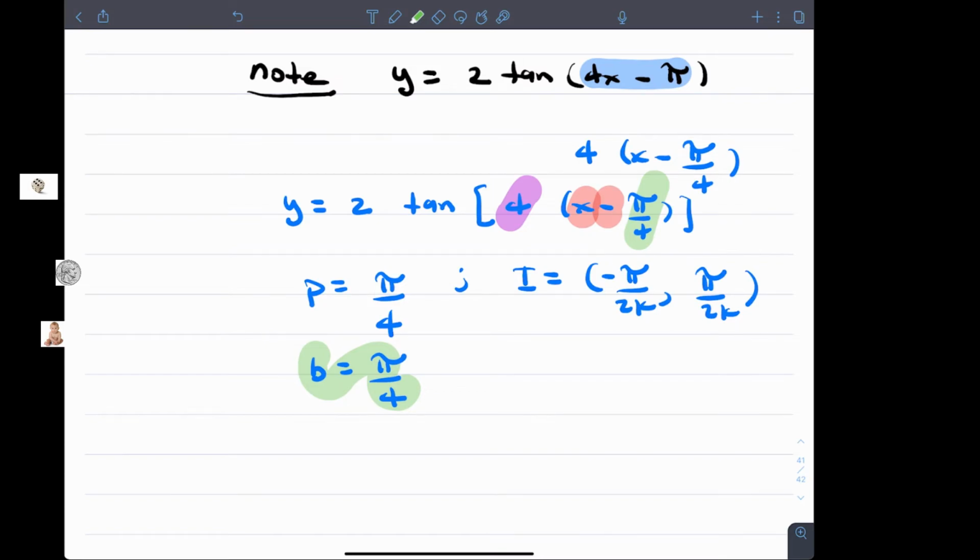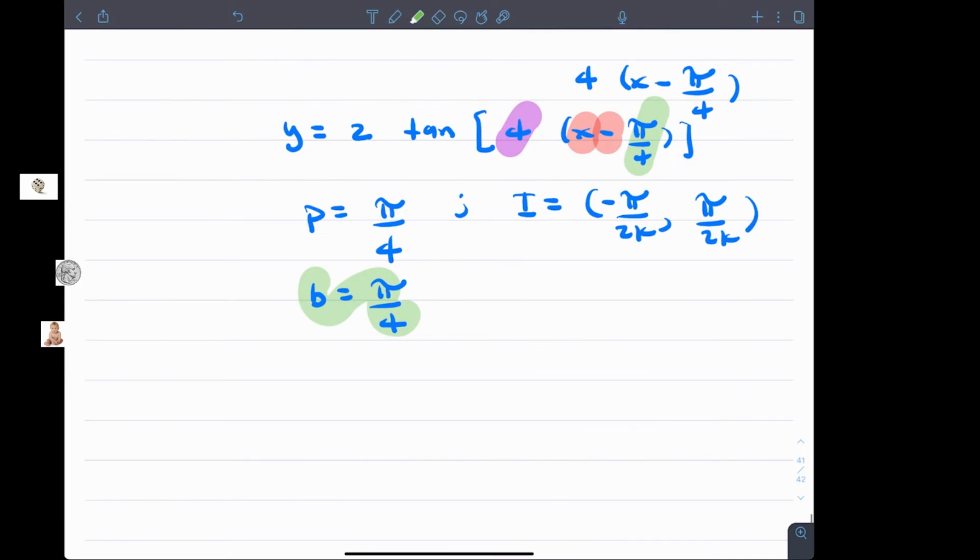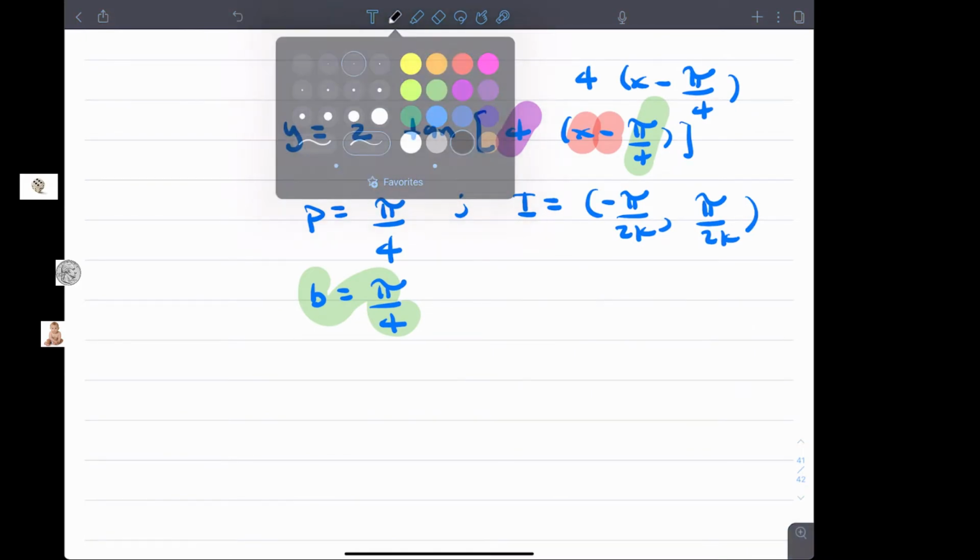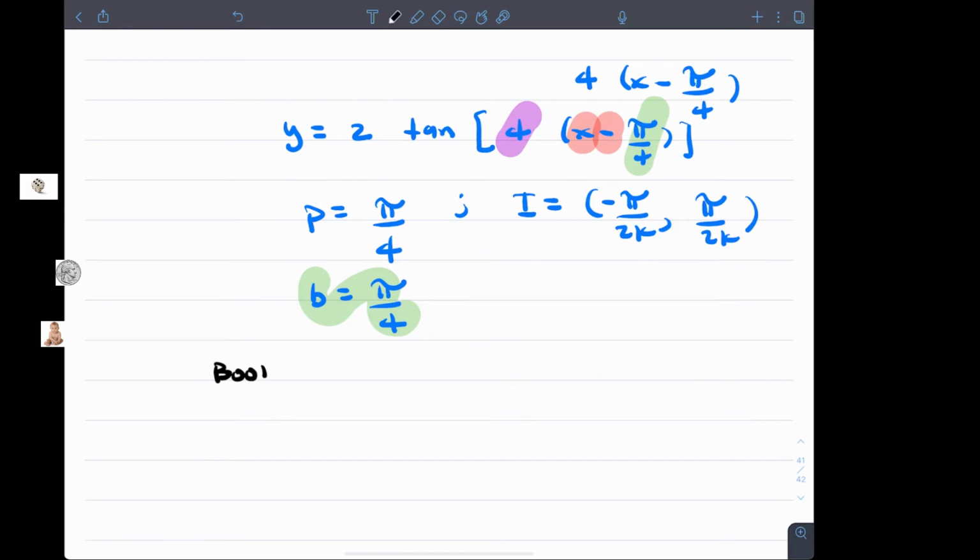So what does that even mean now? Because your book didn't give this to you, but I'll give it to you. You know what that means? Here's your real interval of one cycle. You remember what we do? How do we do that? Isn't the interval of one cycle going to be what?